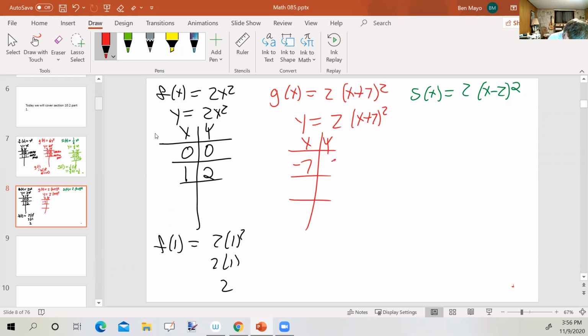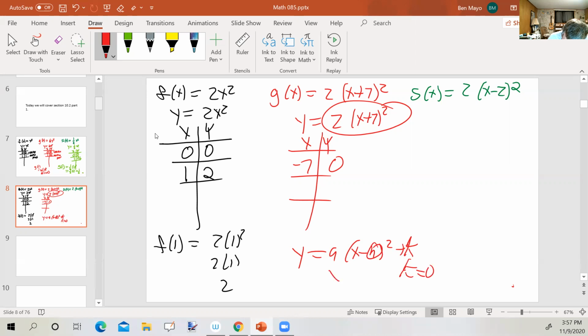And my y value is going to be 0. Because if I take this and I think of it as y equals a times x minus h squared plus k, k is 0, h is -7, because x minus -7, okay? So my vertex is at -7, 0.